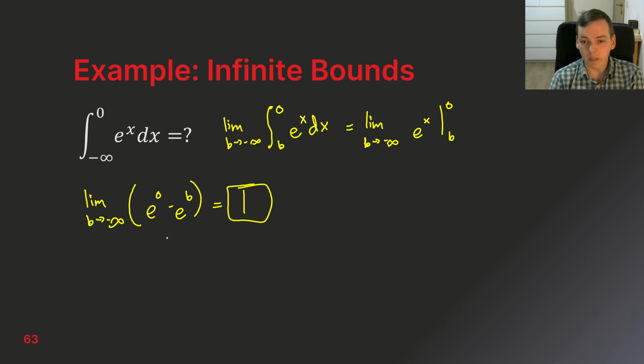You'll see what we did there is we replaced the problem, the negative infinity, with a b. We evaluated, then we took the limit as b approached negative infinity. So this is the true answer to it. We just need to do things that are legally allowed in math. So be careful with this.